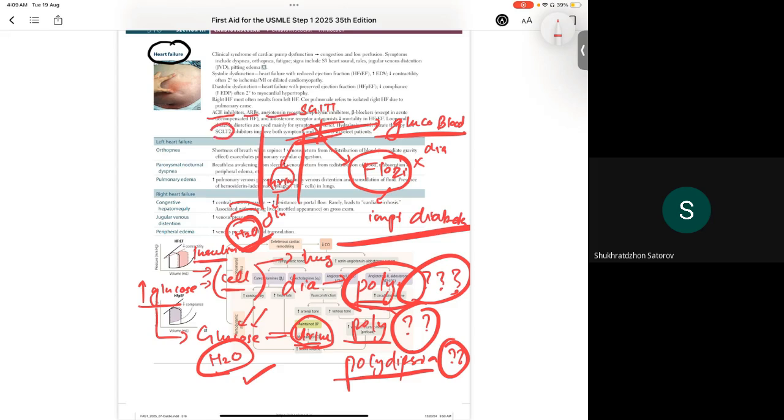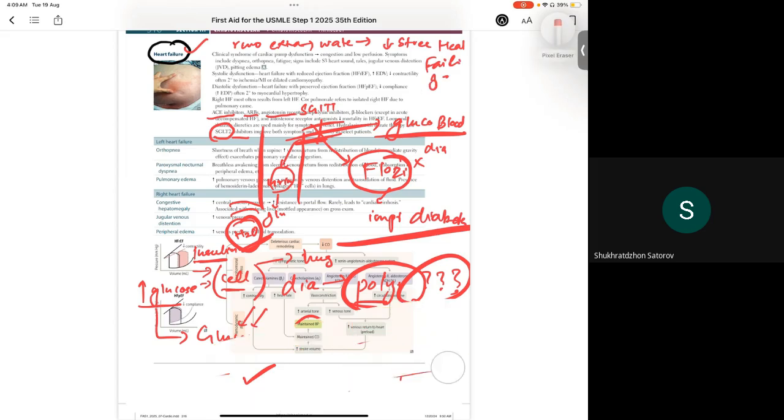So can I say that SGLT2 inhibitors can also improve the symptoms of heart failure because we are removing extra water from the body, which is going to decrease the stress on the heart because the heart is failing. Does that make sense?